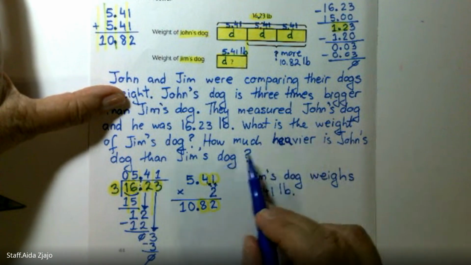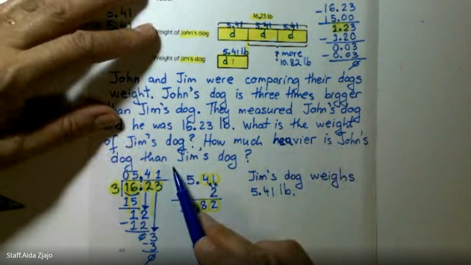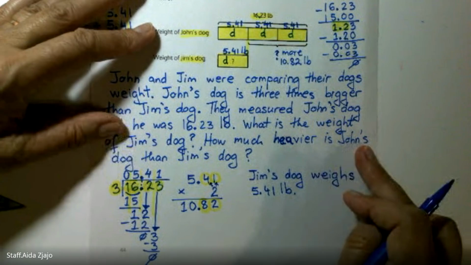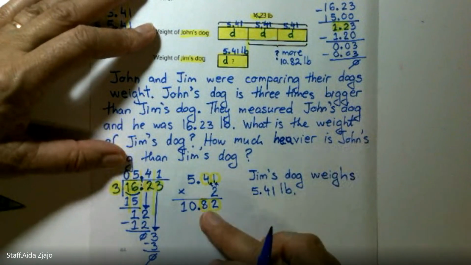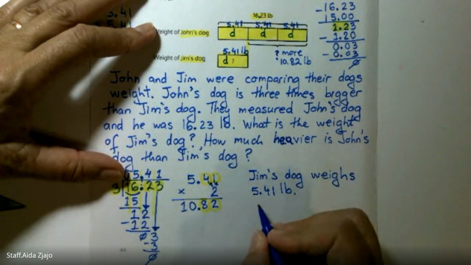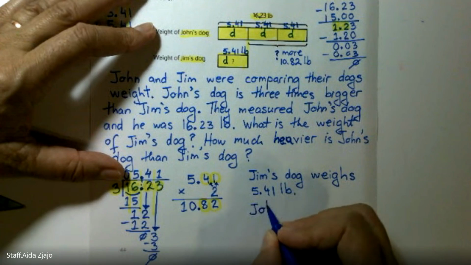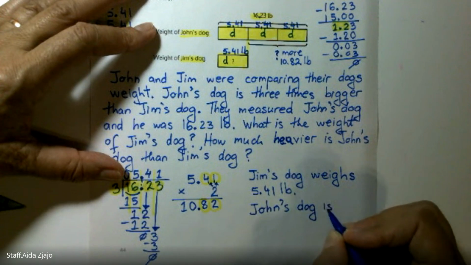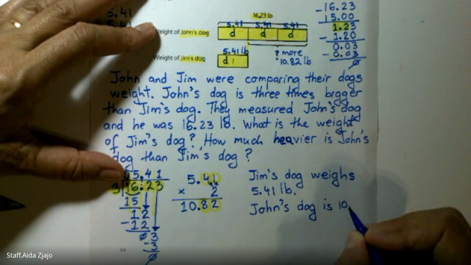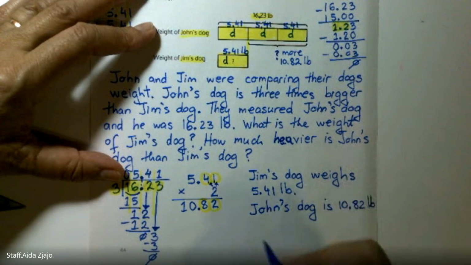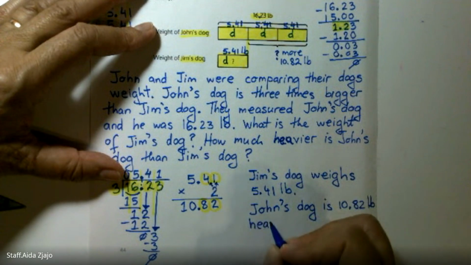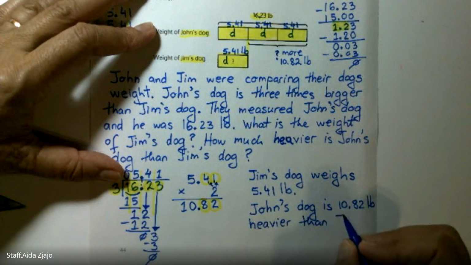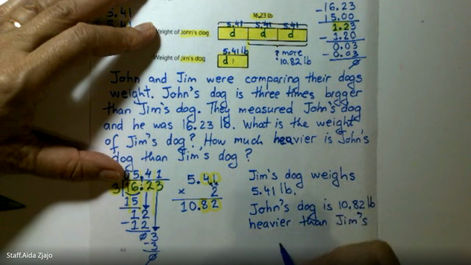That's the first question. And how much heavier is John's dog than Jim's? John's dog is 10.82 pounds heavier than Jim's dog.